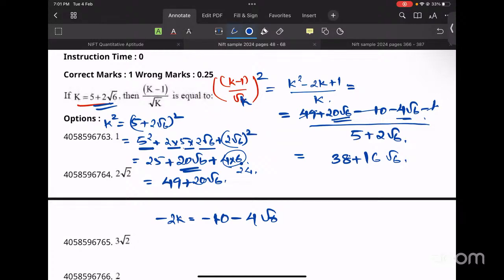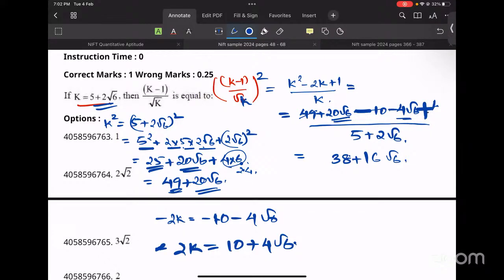Here 2 into 5 is 10, 10 into 2 is 20, so 20 root 6. 5 square is 25, 25 plus 24 is 49. So 49 plus 20 root 6 minus 2k. Here 2k equals 10 plus 4 root 6, so minus 10 minus 4 root 6.